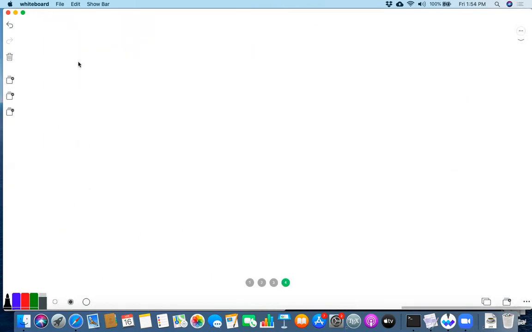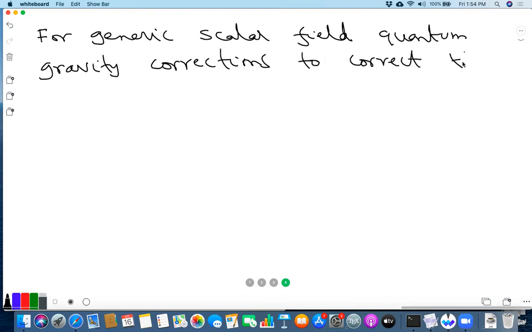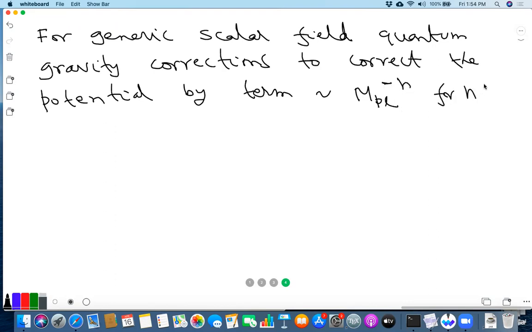And the reason that this constraint is put is the following. For a generic case, for generic potential, generic scalar field, quantum gravity corrections could correct the potential by terms of order inverse m Planck to the minus, say, n for n positive.